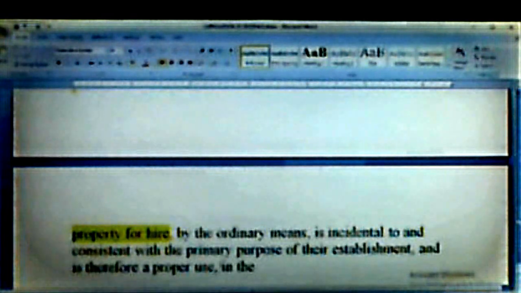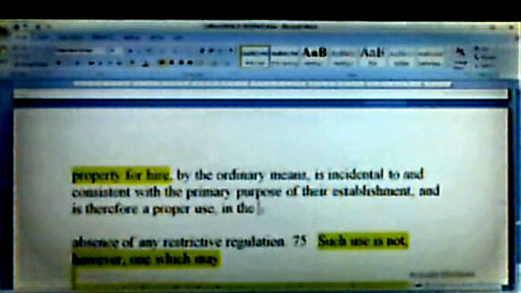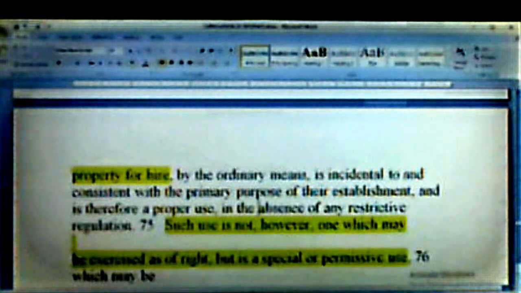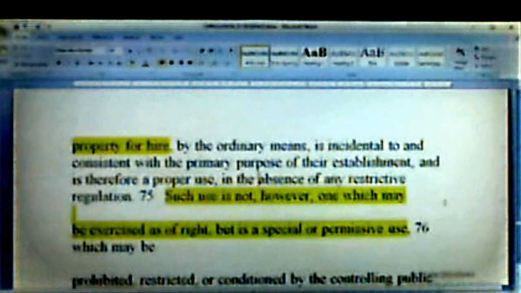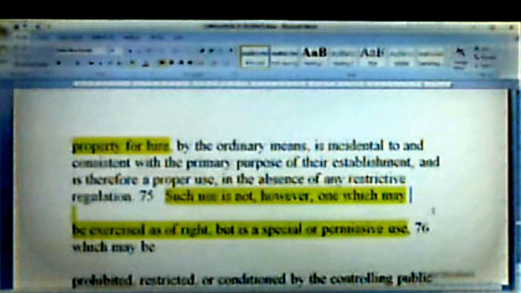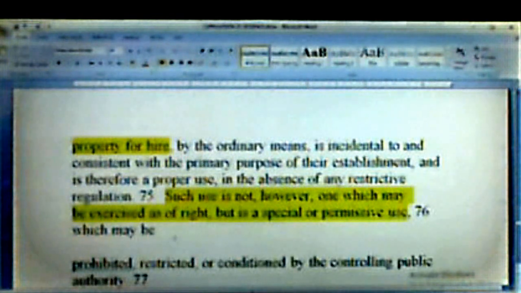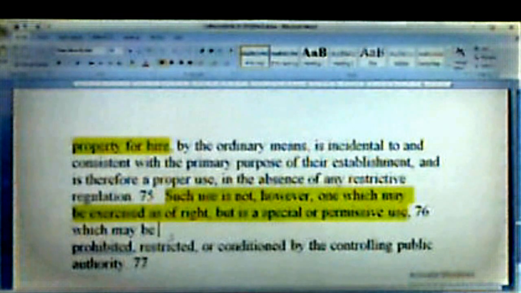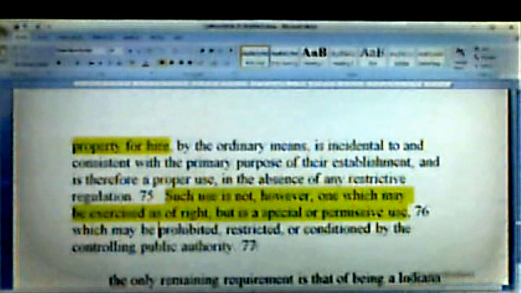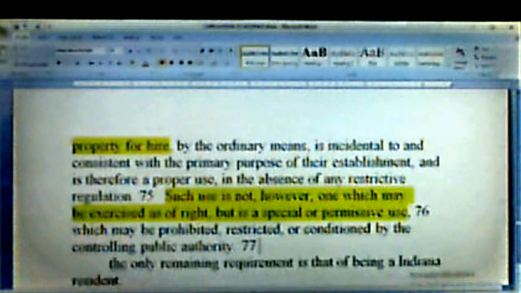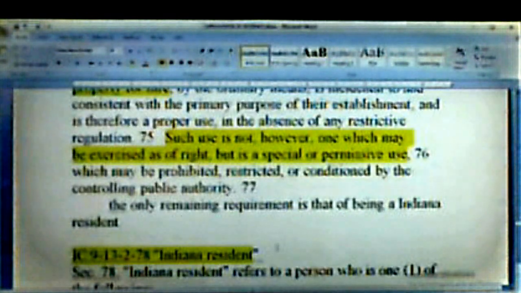Follow the money, right? Okay, so now we know that the issue here is about money. Think about how much money the state makes from all those cars that get registered. Okay?